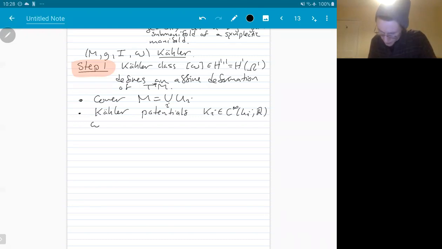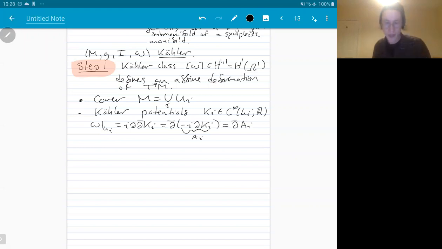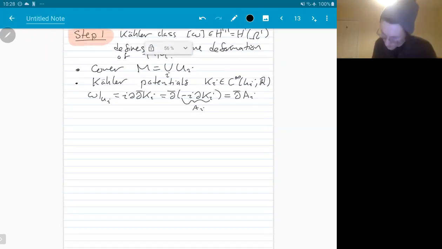So that means that omega restricted to U_i is i ∂∂-bar K_i, and we can rewrite this as ∂-bar of minus i ∂K_i. So I'll call this quantity a_i. So that's a 1-0 form. Then on the overlap, we have a_ij, which is a_i minus a_j.